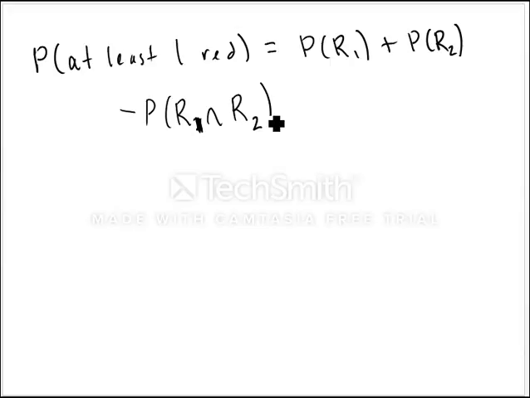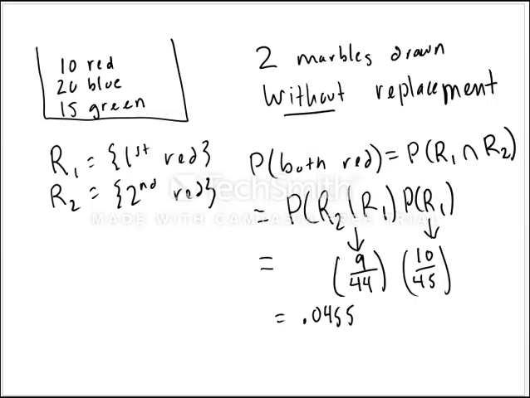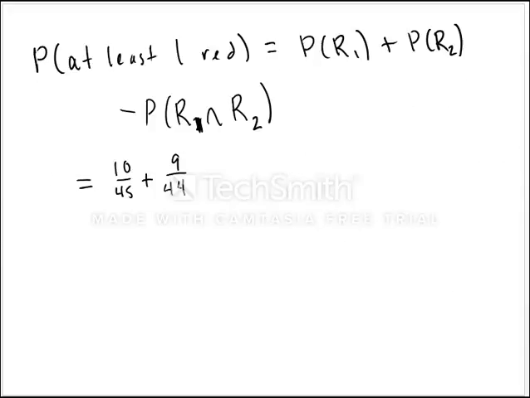The probability of the first being red would be 10 over 45 plus the probability of the second being red is 9 over 44, and we know from the previous one, if we just flip up, that 0.0455 is the probability of both being red.